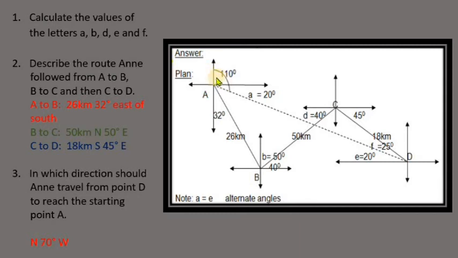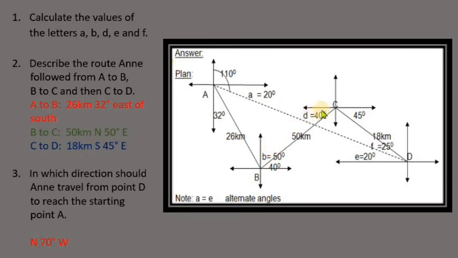So 110 minus the 90-degree angle will give us 20 degrees here for A. Now for B, here we have B. We have a 40-degree angle there, and we know that this is a 90-degree angle. So the 90 degrees minus the 40 will give us an angle of 50 degrees here at B.